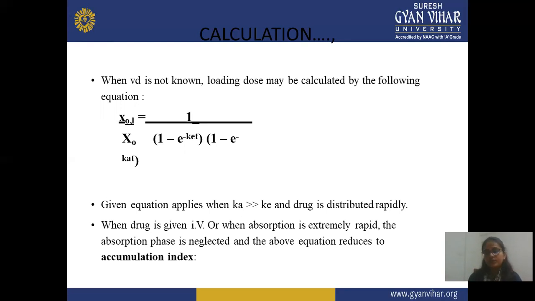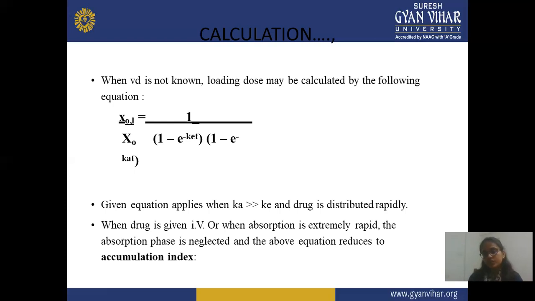Hence absorption rate is always more than elimination rate, or more elimination is observed when the drug is distributed rapidly. When the drug is given by IV or when absorption is extremely rapid, the absorption phase is neglected, and the above equation reduces to the accumulation index.